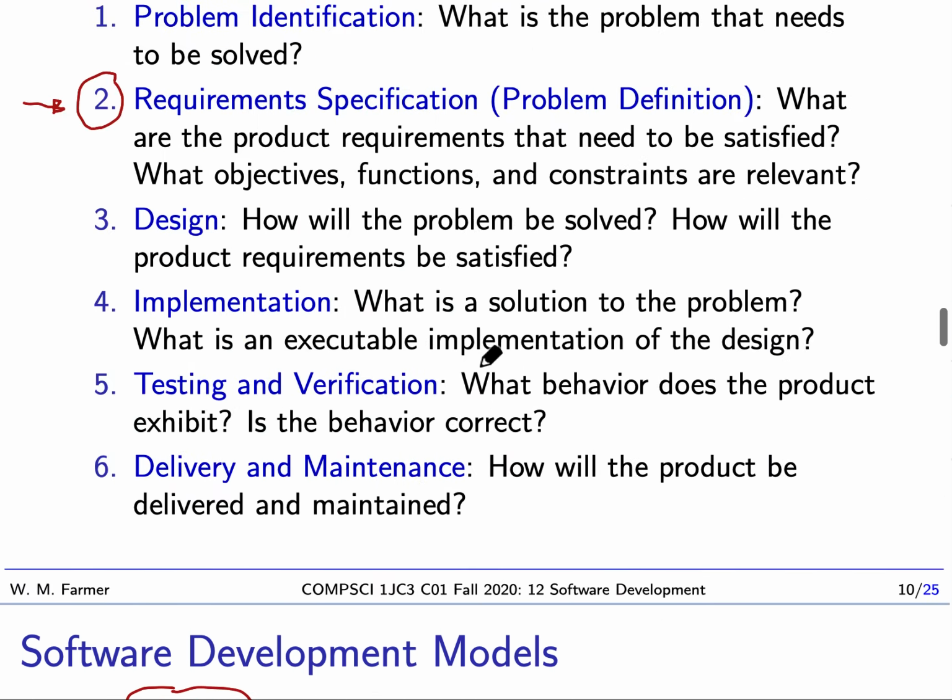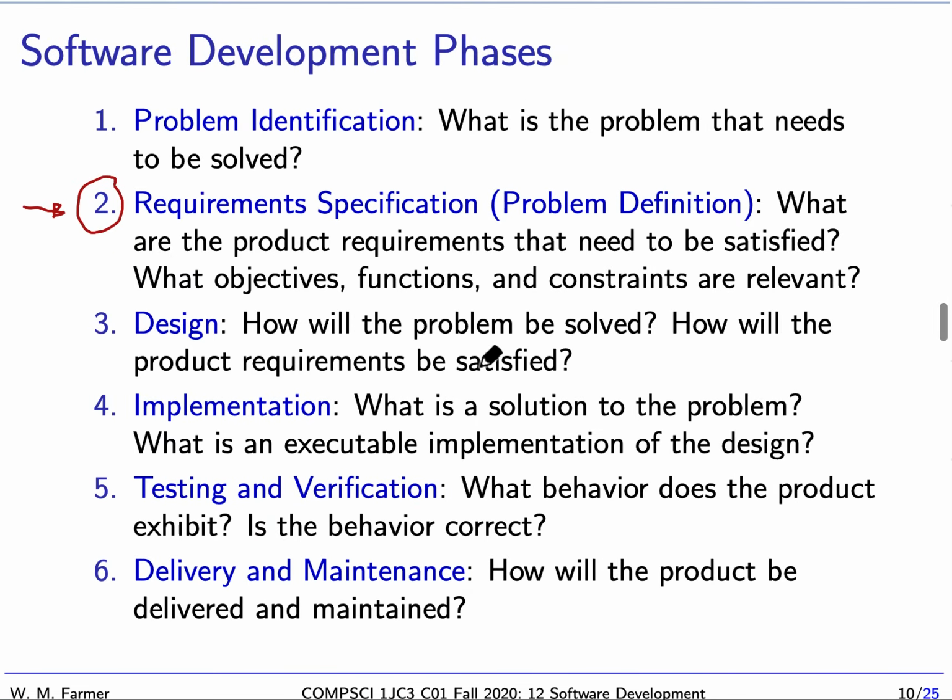There's all kinds of reasons why this approach fails. I'll just give you an example. We write the requirements spec, we start working on the design, and we realize that some requirements are missing or some are wrong. We got to go back to 2 and rework on that. So with the waterfall method, you're sort of going like this. You start up here with problem identification, requirement spec, and eventually you get done.